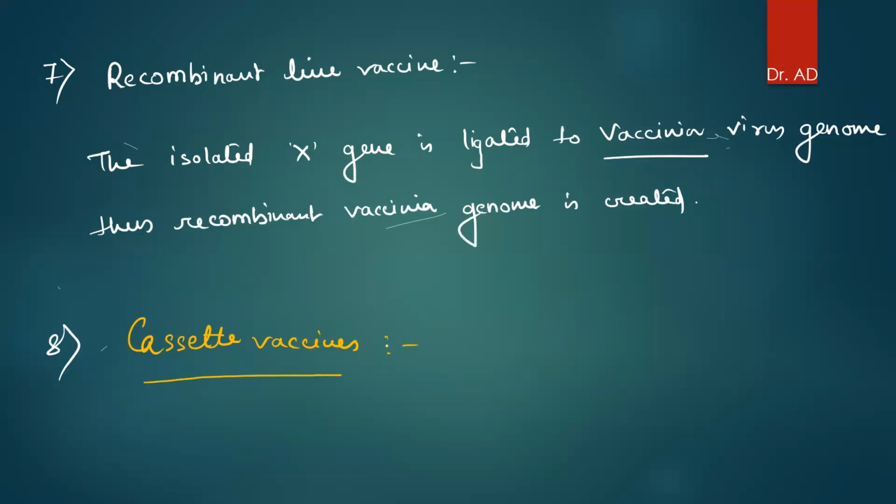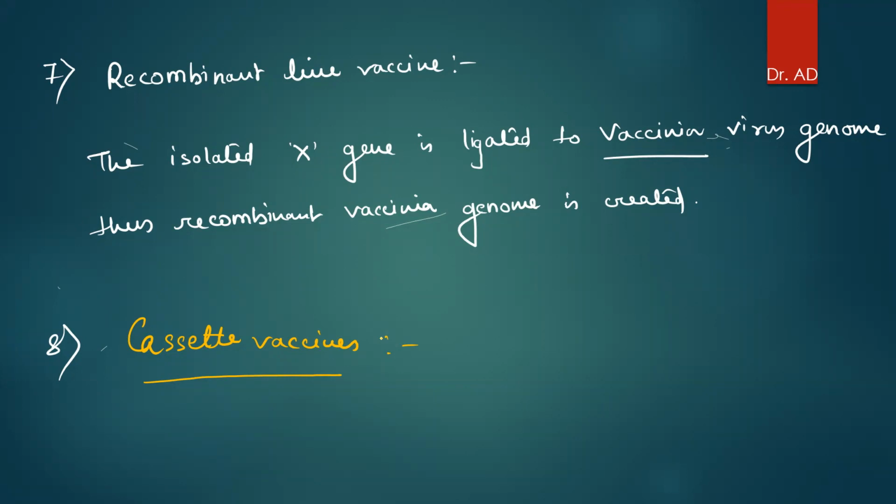Vaccinia virus genome is used as a vector for carrying gene of interest from one or more of the pathogens. You have heard of this cassette vaccine.